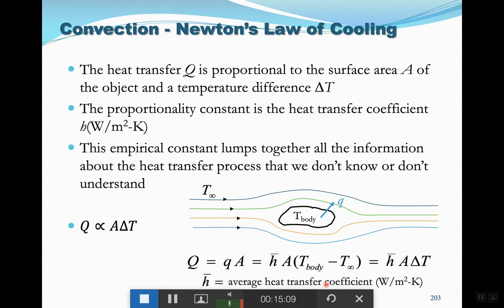It depends what the shape is, what the temperatures are, what kind of heat transfer it is, and so on and so forth. So for H, basically you need to find that out for every single problem. So remember, K is the property of material, and H is the property of the flow.